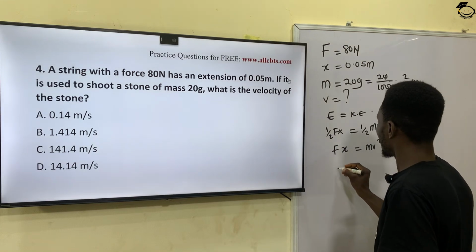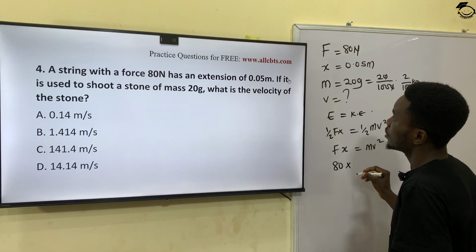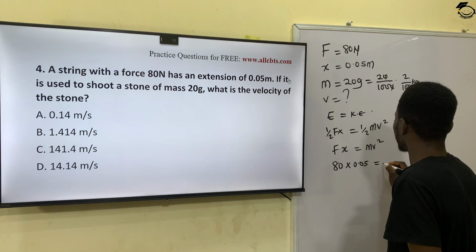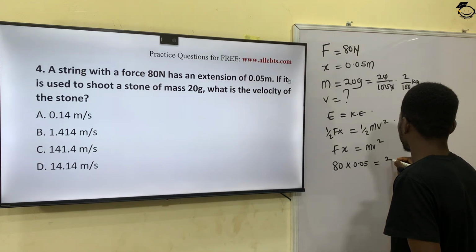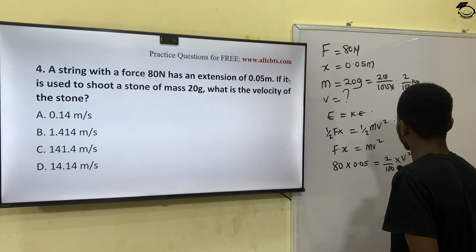So the force here is 80, so I have 80 times the extension, which is 0.05. This is equal to the mass, which is 2/100, times v squared.